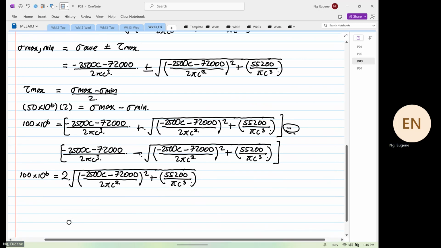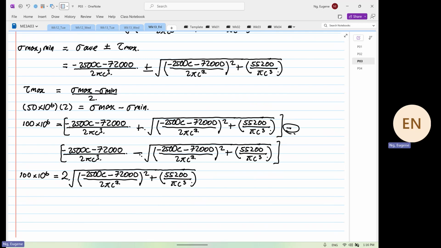Why is that? Because minus this term over here, minus this term over here, it cancels out, yes or no? Plus over here, minus, minus, you take out the bracket, will become plus. So from here, can you solve this equation?